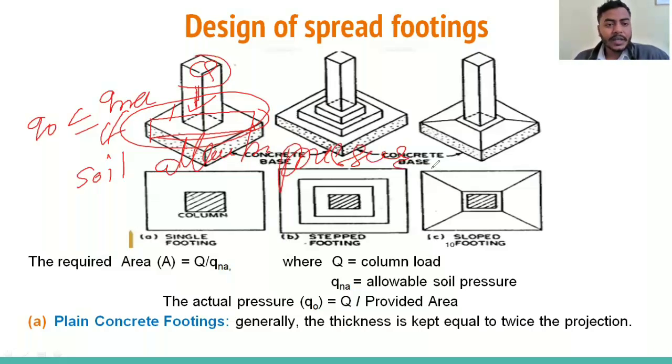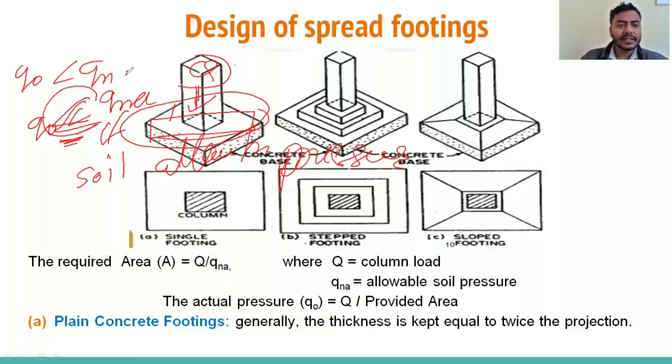Generally what we do, we keep this value in the less-than sign. Don't go for the equality sign. We just provide this to be on the safer side, right? It depends upon the amount of load coming on the column, and whether it gets satisfied or not. So accordingly we design like this.